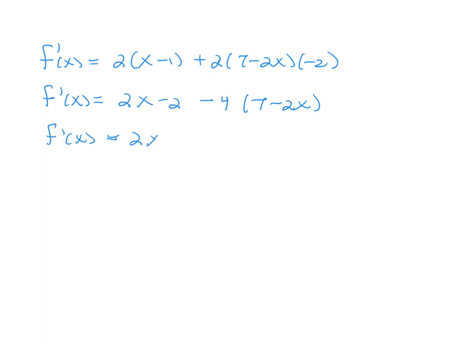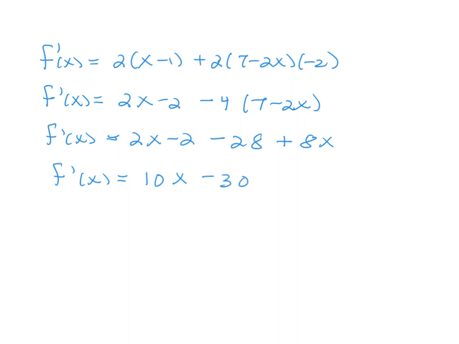So we get 2x minus 2 minus 28 plus 8x. All right, so f prime of x is equal to, we have an 8x and a 2x, which is 10x. We have a minus 2 and a minus 28, which is minus 30.